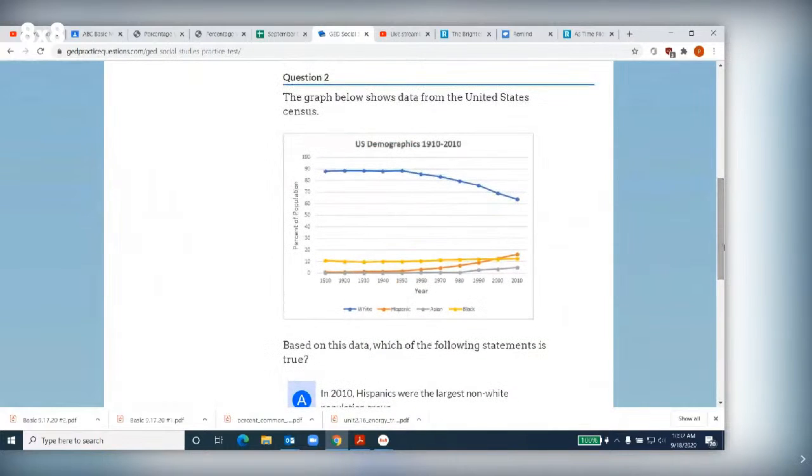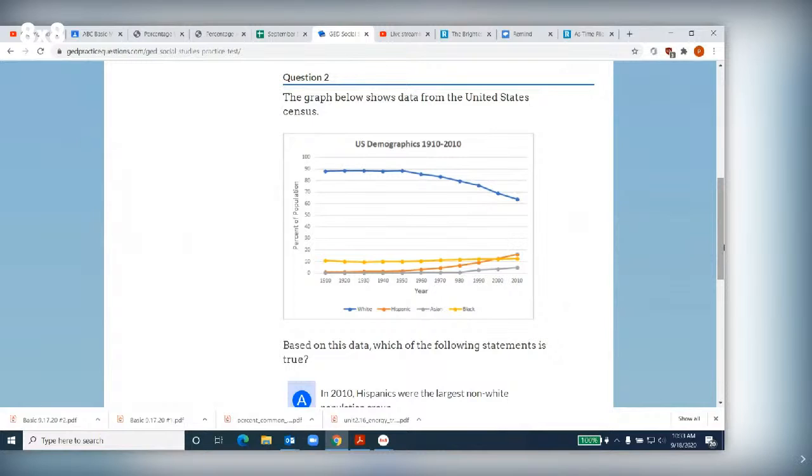And this is just interpreting a graph. If you look up the left-hand side, it says US demographics for the last 100 years. This is the percent population. Blue is white, orange is Hispanic, gray is Asian, and yellow is black. Just by looking at this, you can see since 1910, the white population has gone down.